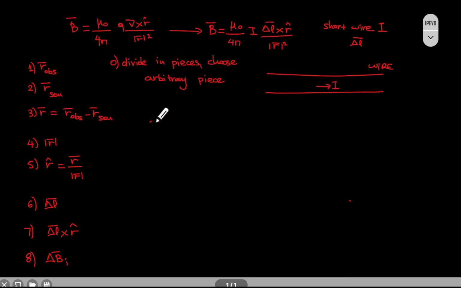And then step 9, we need to do the sum. We need to add up all the contributions to the magnetic field from all short pieces of wire.